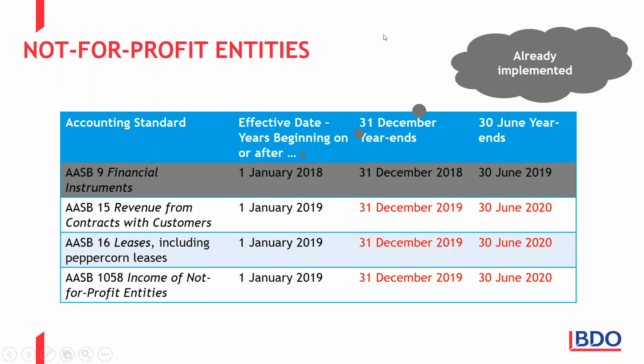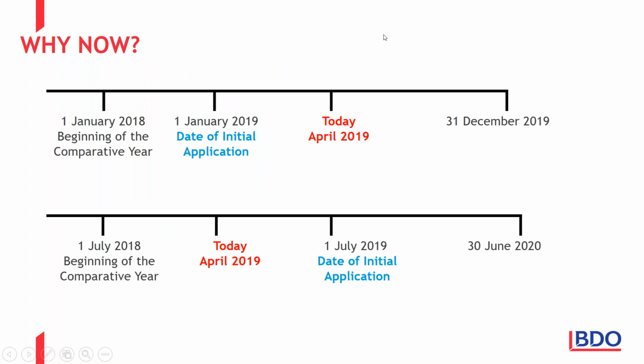If we put it on a timeline, you can see if you've got a 31 December year end, you're already within that first year. And if you've got a 30 June year end, it's another 2 months and you're in your first year. So really important for our not-for-profit entities to look at these standards and what it would mean for them.